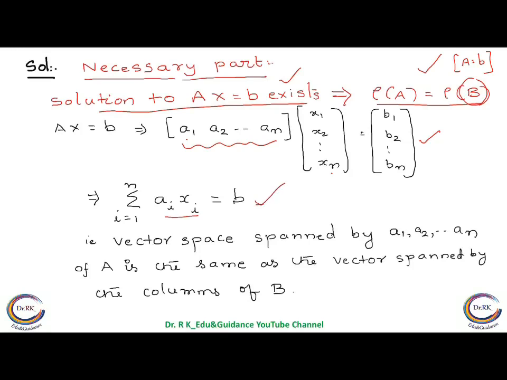This is another form that we can write. The system can be written as the summation over i equal to 1 to n of a_i x_i equal to b. That means the vector space spanned by the columns a1, a2, and so on up to an of A is the same as the vector space spanned by the columns of B. So that is what we understand from this, columns of B actually here.